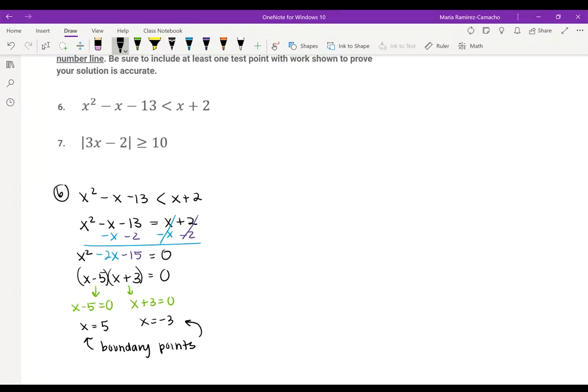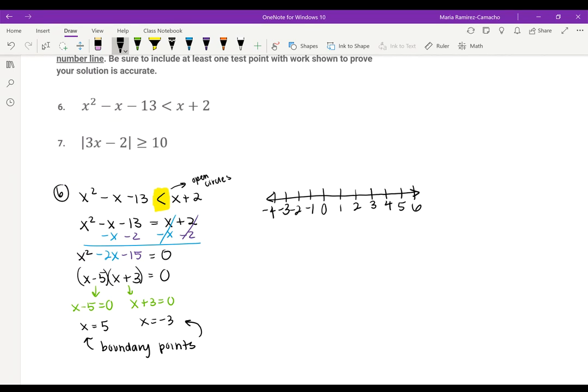So on a number line, we would draw our boundary points on 5 and negative 3. So let's draw that number line. Because my original inequality was less than, that means my boundary points are going to be open circles.